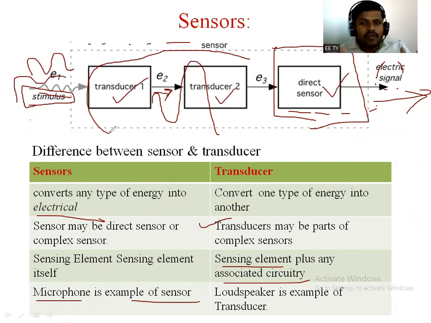For that we require additional equipment or circuitry: an amplifier for amplification, analog to digital conversion for interfacing, excitation circuits, batteries. We will discuss that part in unit three.